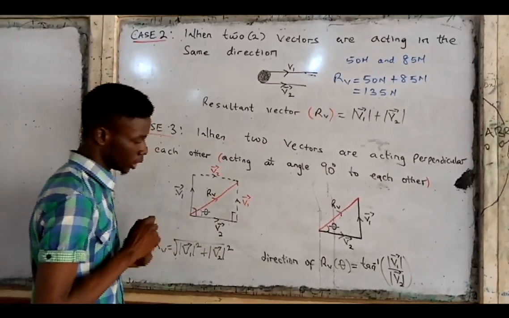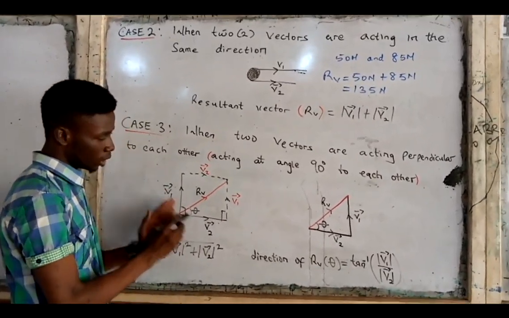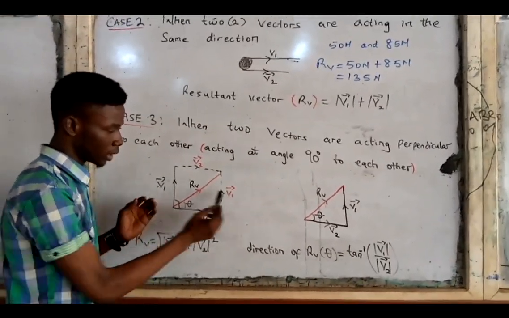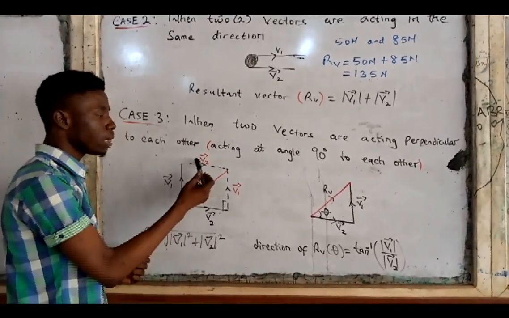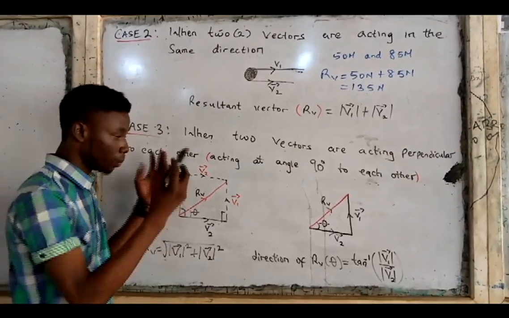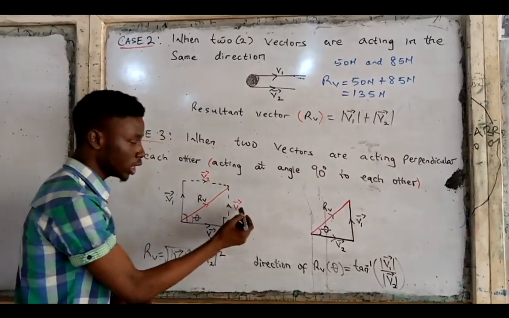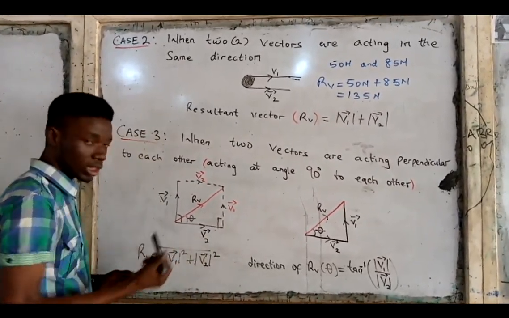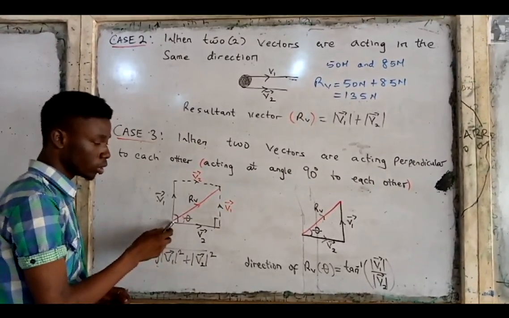I'll still talk about this direction very soon. Now, if you look at this very well, considering the fact that the magnitude of V1 here is the same thing as the magnitude of V1 here, and the magnitude of V2 here is the same thing as the magnitude of V2 here, then I can pick any V1 that I like, and I can pick any V2 that I like.